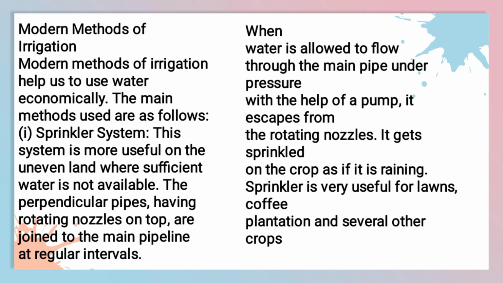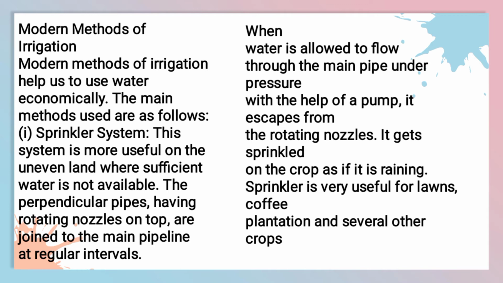What happens here is you have a main pipe connected to a source of water. That main pipe will be divided into many different pipes, and those pipes will be perpendicular. On top of the perpendicular pipes, there will be a rotating nozzle. This nozzle will spray water at regular intervals as if it is raining.